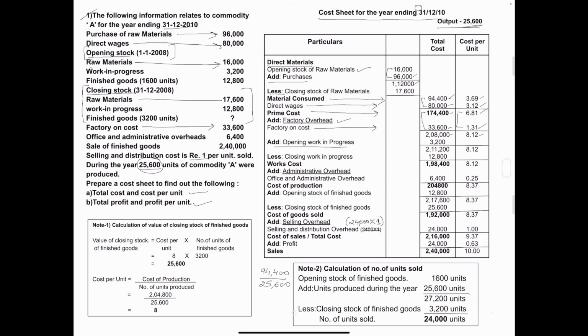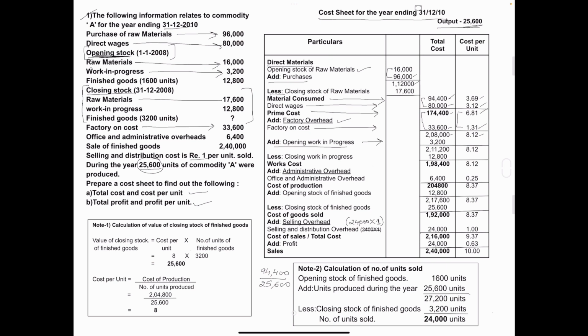So add opening work in progress. In this problem they have given, see the opening balance. In opening, work in progress amount is 3,200.